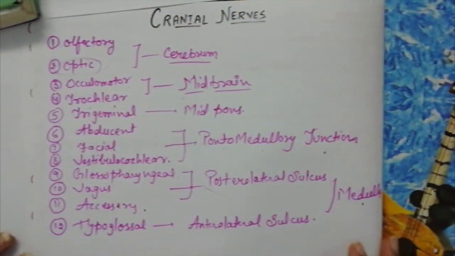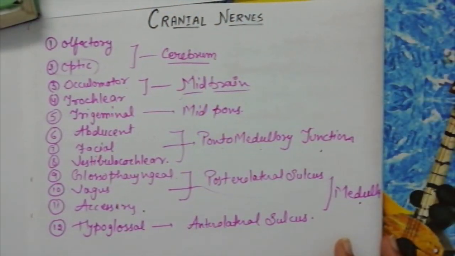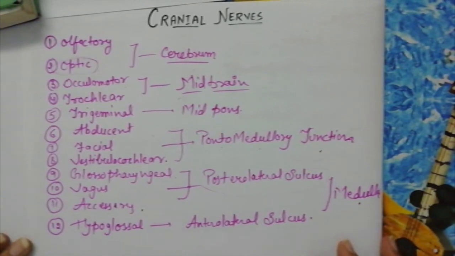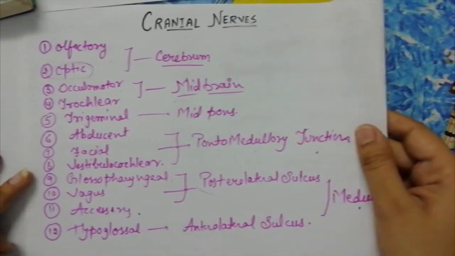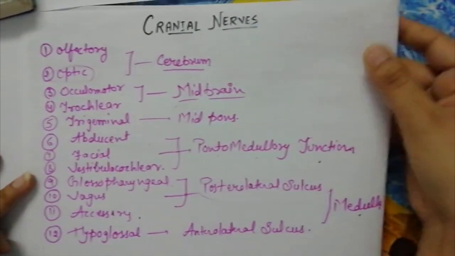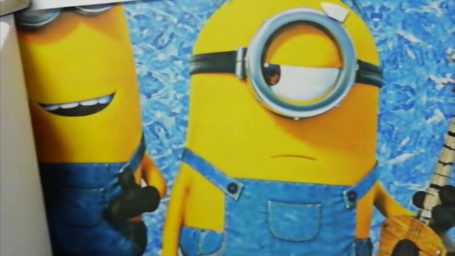So fine, now we are done with the attachments of the cranial nerves on the brainstem and brain, and now let's go ahead and see the functional components. Let us understand the functional components and the nuclei of the cranial nerves.